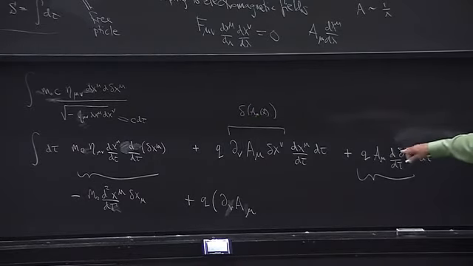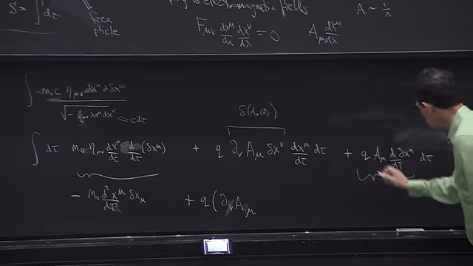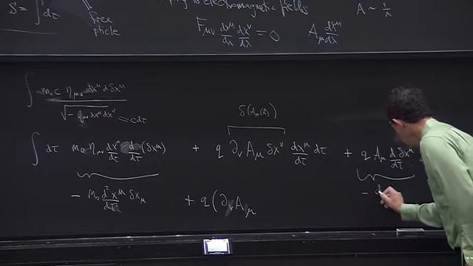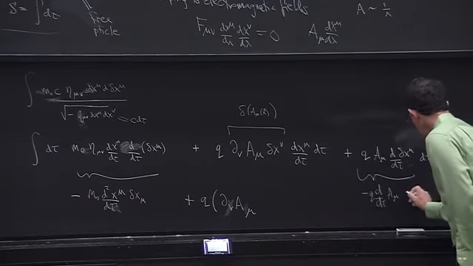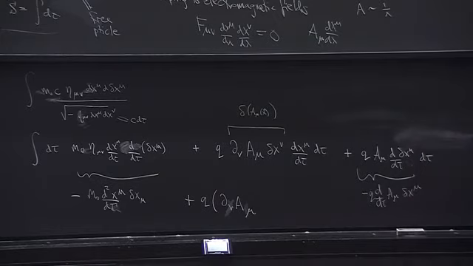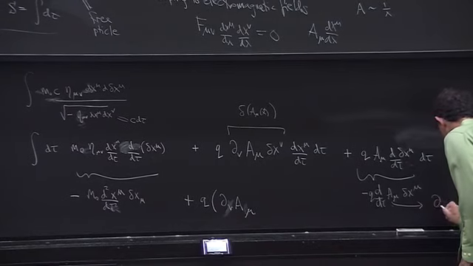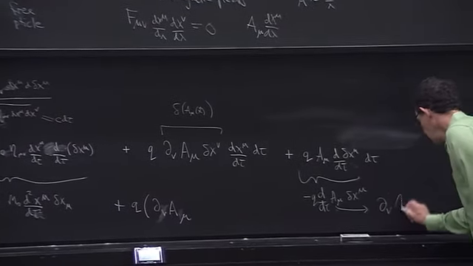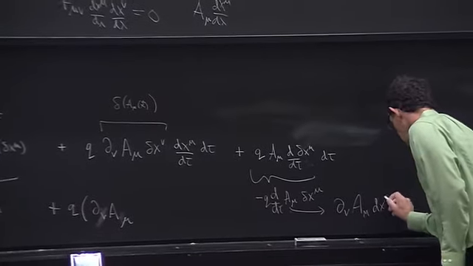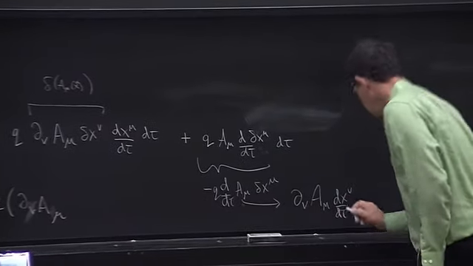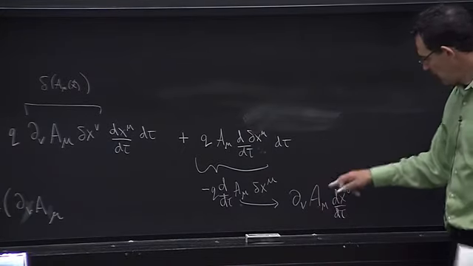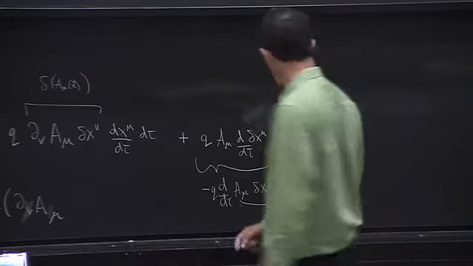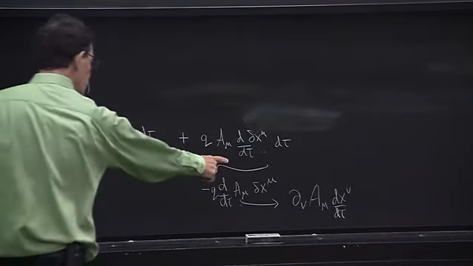Okay, so I'll integrate by parts and then I'll combine these two terms. So integrate this one by parts, I get minus q d by d tau of A mu, delta x mu. Differentiating A mu, I get del nu A mu dx nu d tau. Just the chain rule again. Differentiate A with respect to its argument, which is x of tau, and then differentiating the argument with respect to tau.